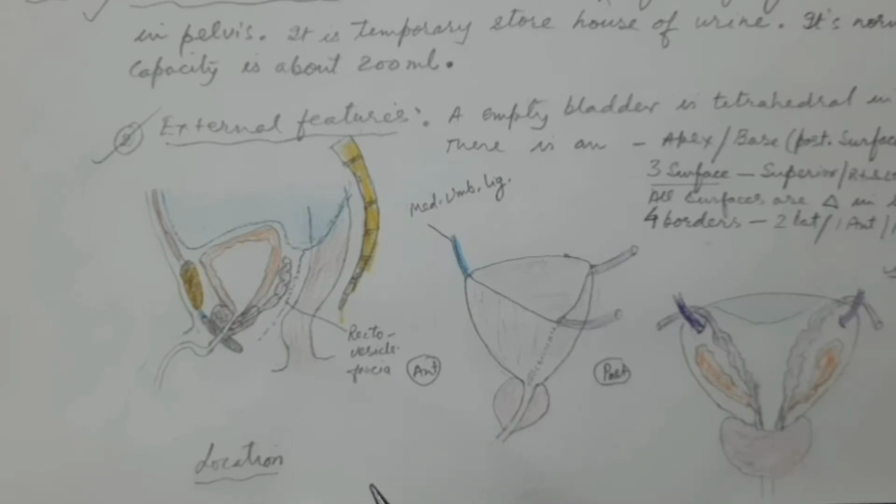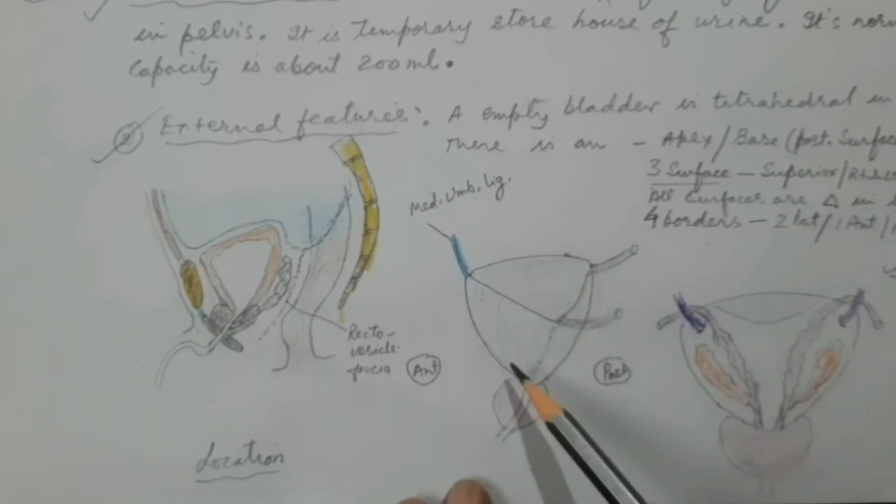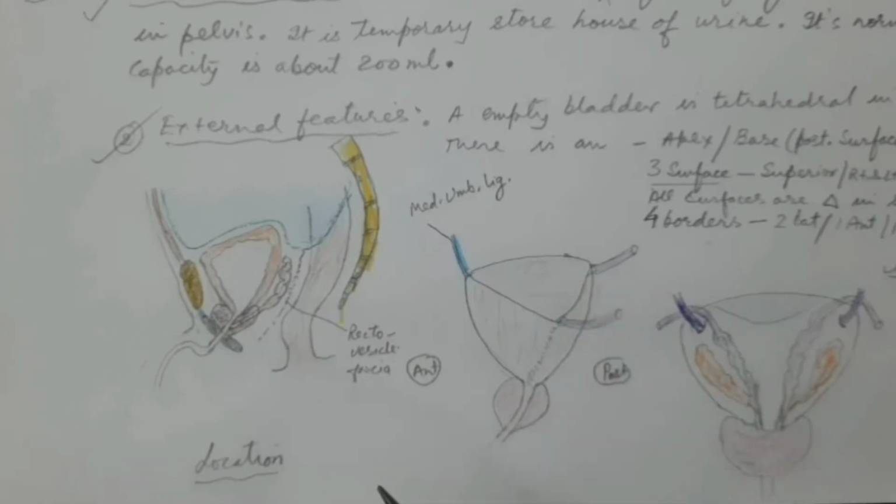When it is full, that means when it is more than 200 to 250 milliliters and still more, 350, all the tetrahedral shape gets distorted, and it will have only two surfaces, an anterior and a posterior surface, and it becomes oval in shape.